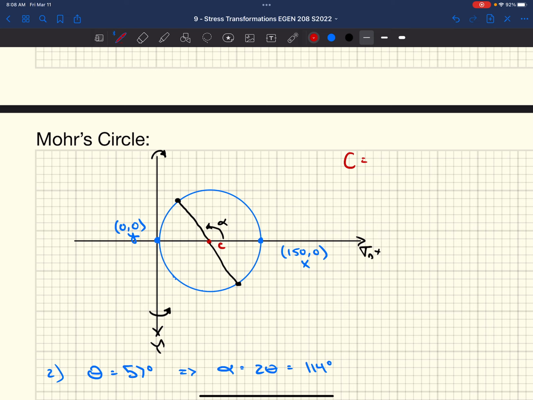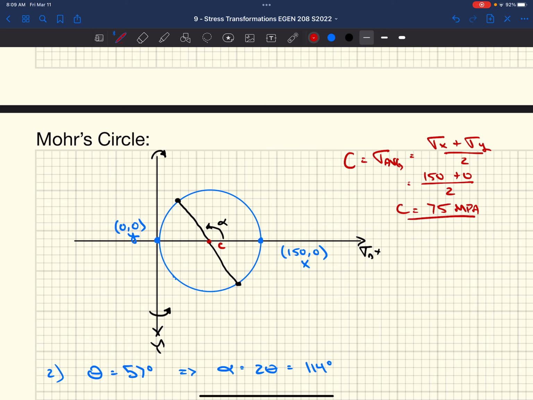As I mentioned before, that's really just our average stress, sigma x plus sigma y over 2. In this case, sigma x was 150 and sigma y happened to be 0. We divide that by 2, and we get a center equal to 75 megapascals.